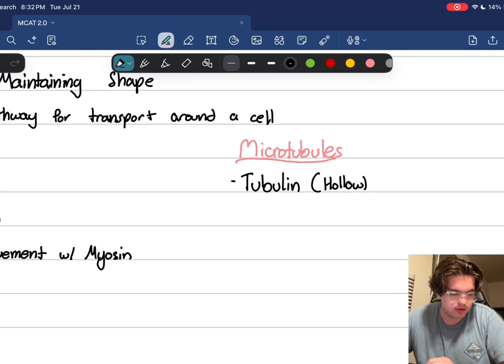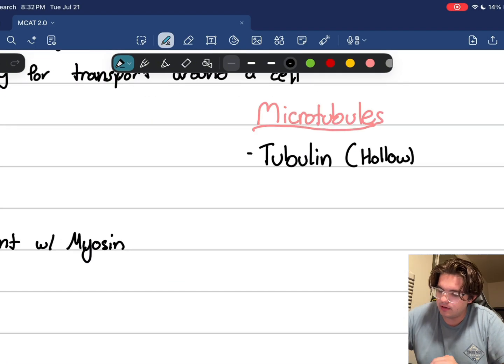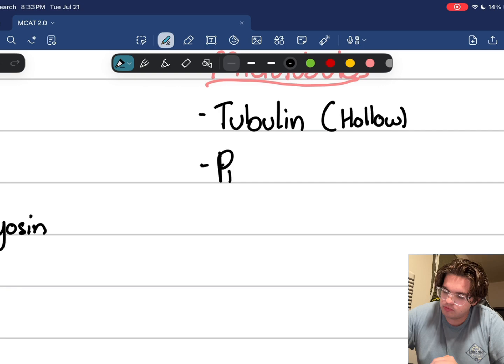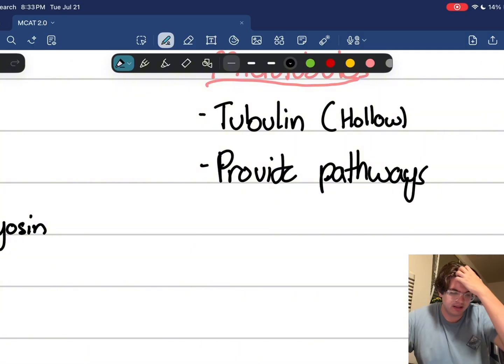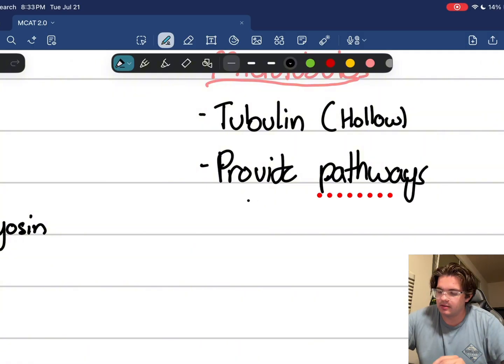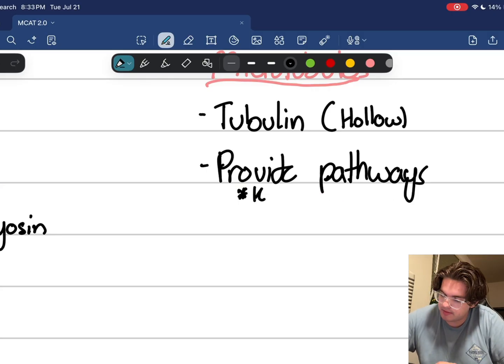These microtubules are this second little dot we talked about right here. They provide our pathways for certain proteins, and it mainly brings up, I'm going to say this, kinesin and dynein.